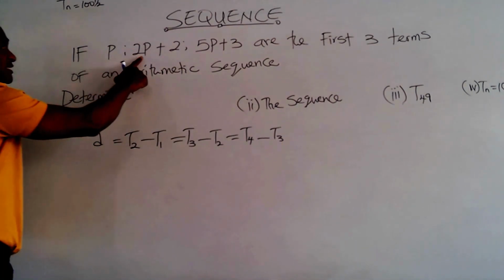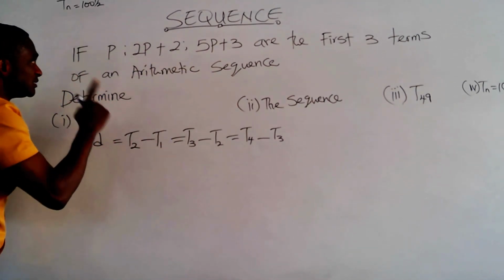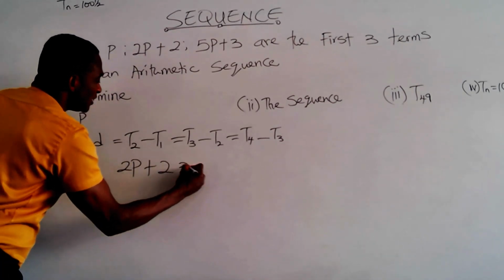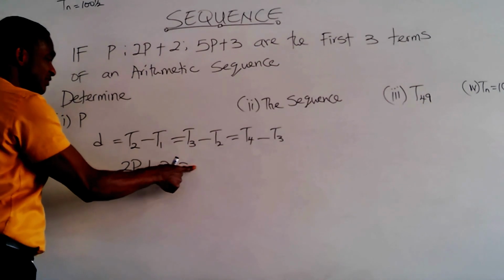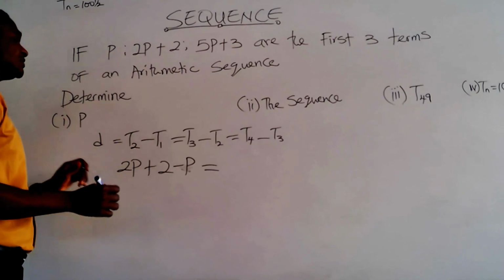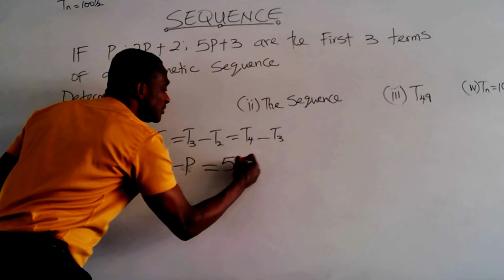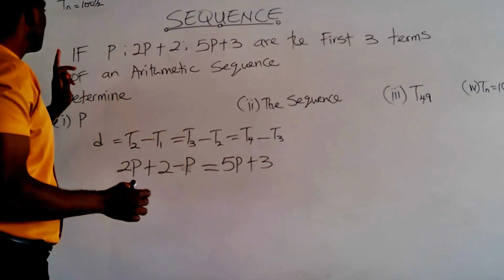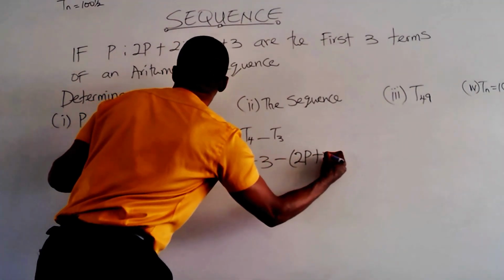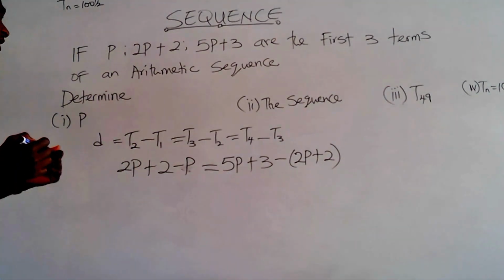We take the terms given: term 1, term 2, and term 3. Term 2 minus term 1, that is (2p plus 2) minus p, must be equivalent to term 3 minus term 2, which is (5p plus 3) minus (2p plus 2). Please always put this in brackets if there is more than one term, so that it doesn't change the sign.